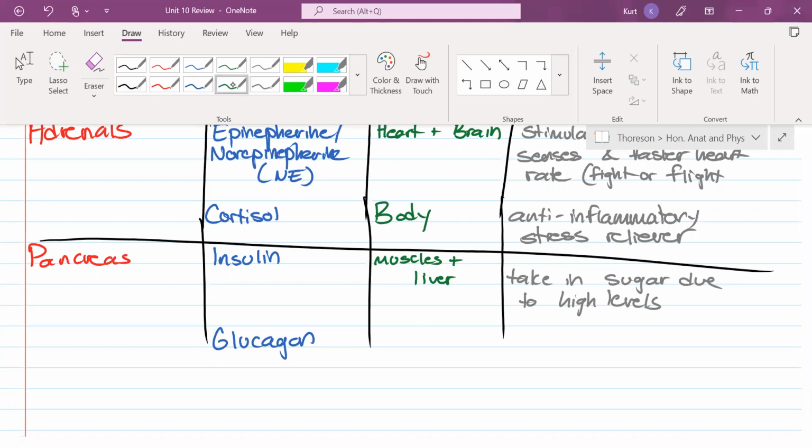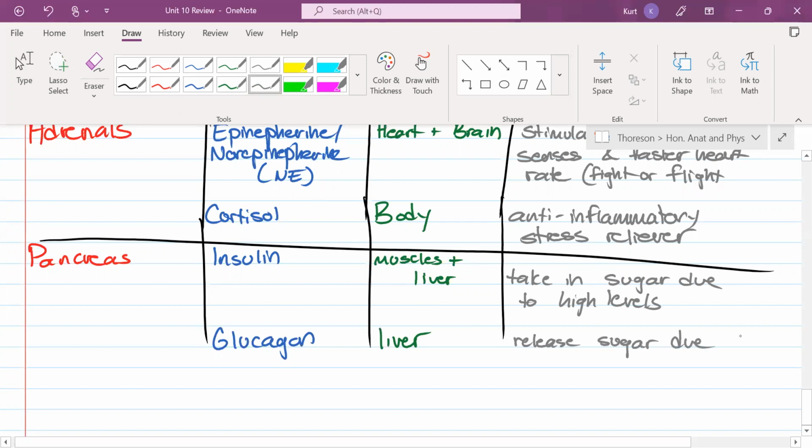Glucagon targets mostly your liver to release sugar due to low levels.